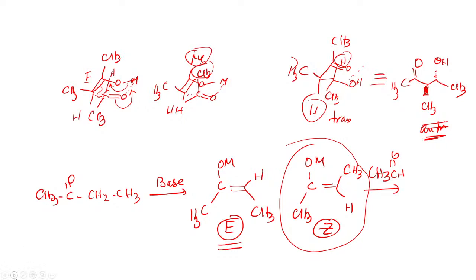If you have the Z enolate, you can try to draw the transition state as earlier, and you will be able to have this 6-member transition state.